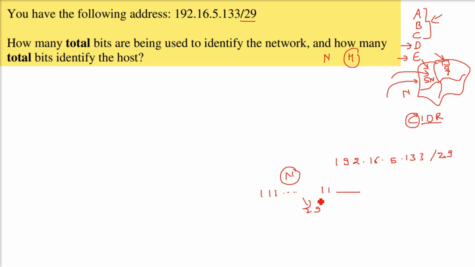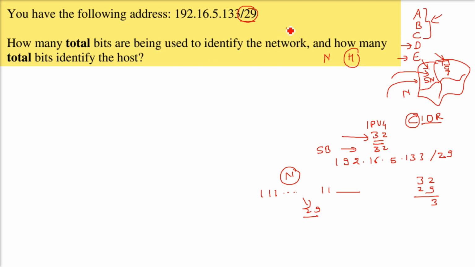And whatever comes after, because it is a 32-bit number, 32 minus 29 is 3. So if IPv4 is 32-bit, subnet mask will also be 32-bit. So 29 ones are representing the network. The other remaining, how many are remaining? 3. So these 3 are for the host.